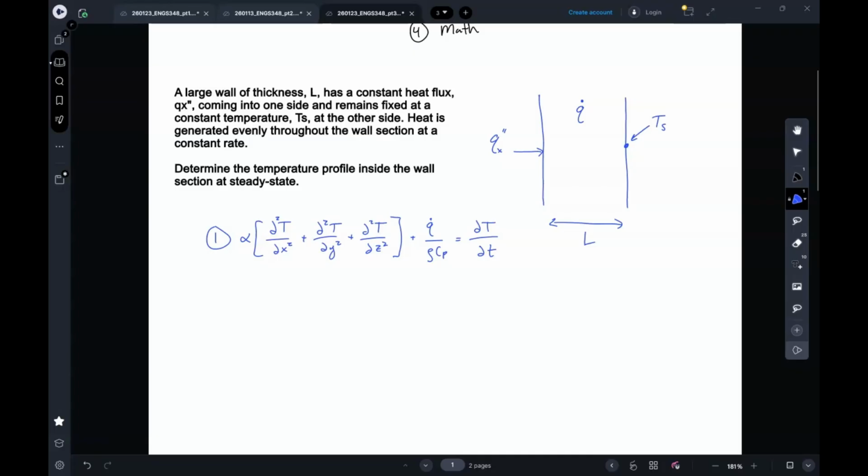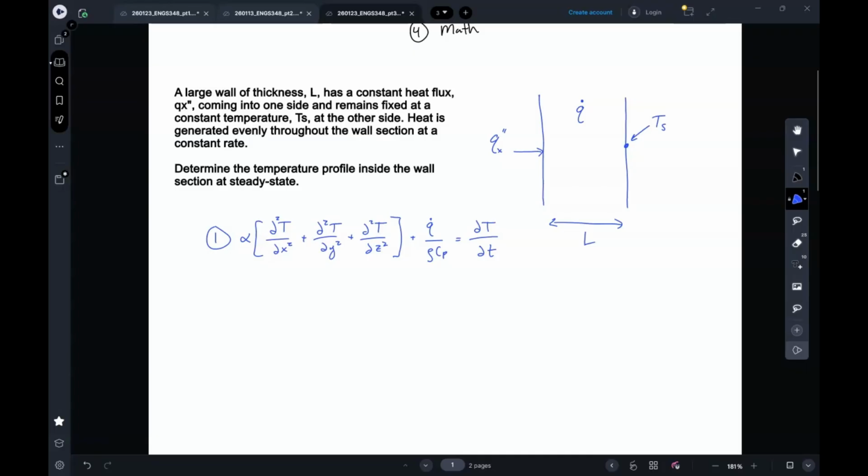And remember, these funky d's here are partial differentials because in the general case, we could have temperatures changing in x and y and z and time all together. It's not changing in just one of those at a time necessarily.